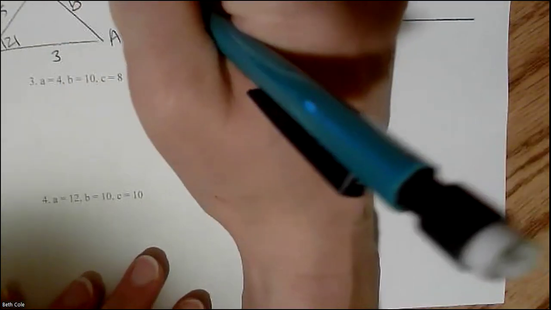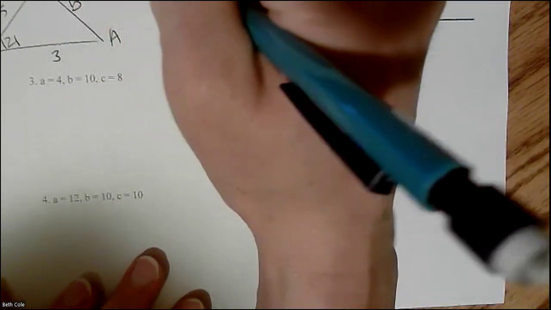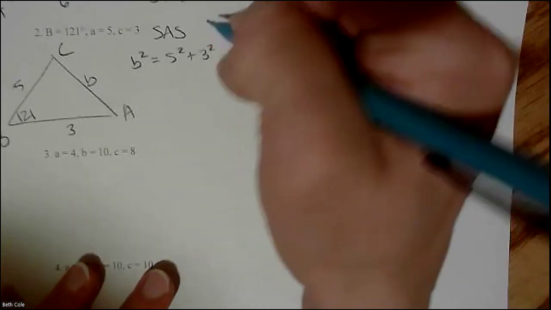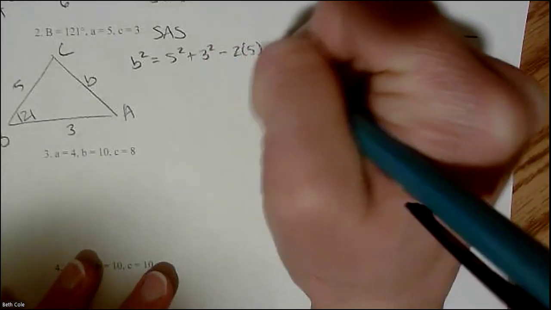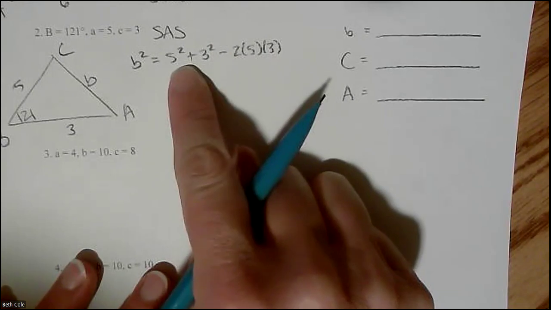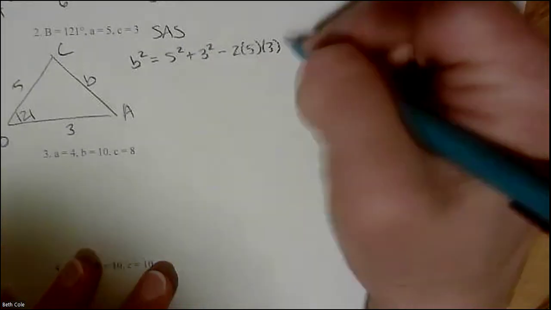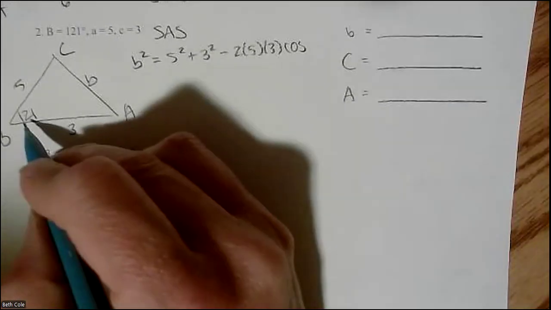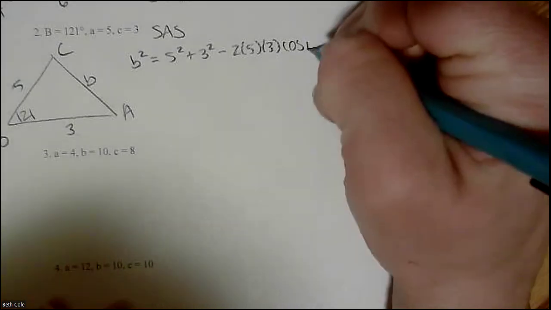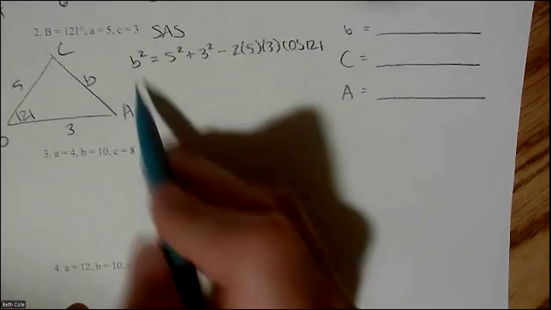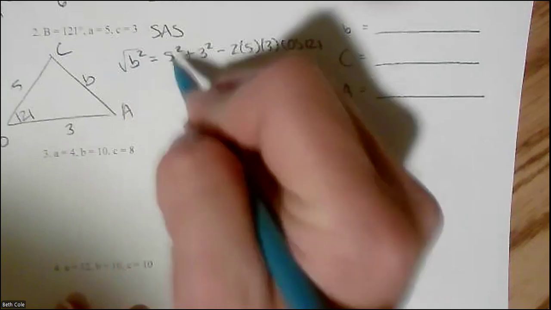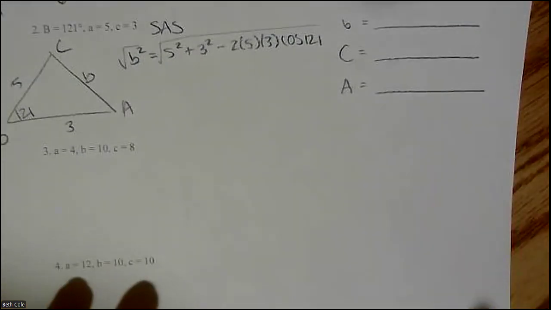So b squared equals 5 squared plus 3 squared, minus 2 times 5 times 3. So again, these just get repeated right here. Cosine of the only angle you have, which is 121. So again, to get b by itself, we're going to square root all of that.